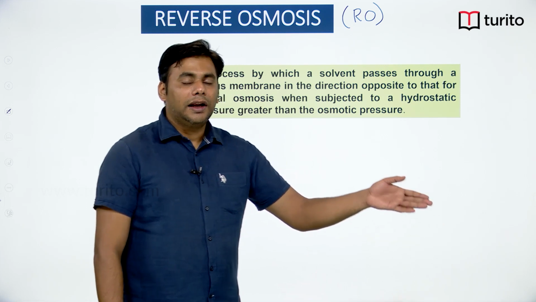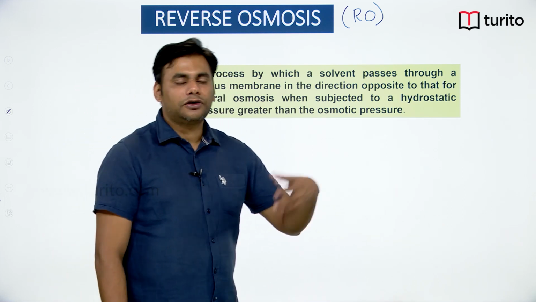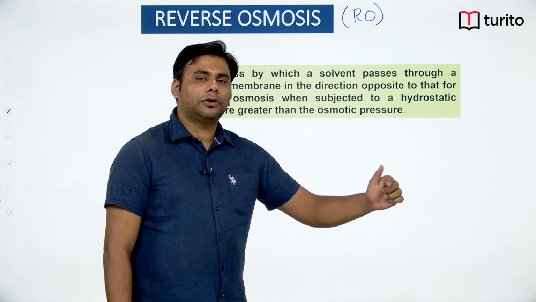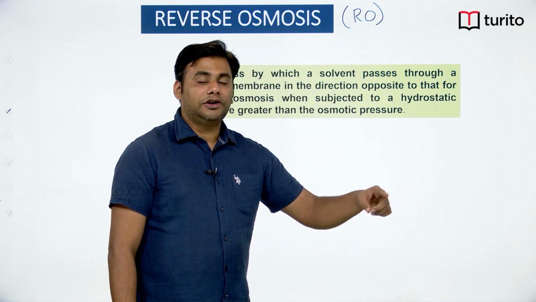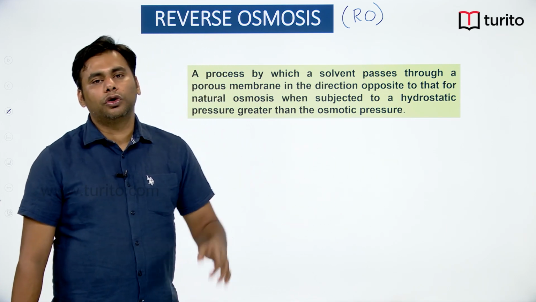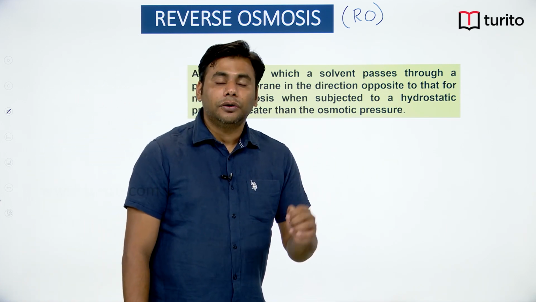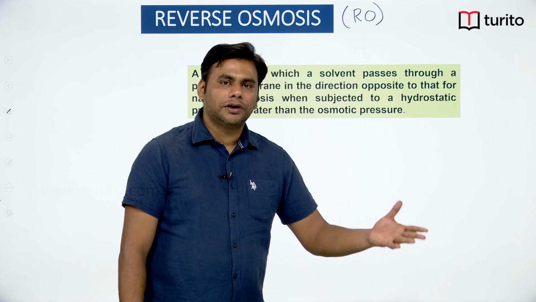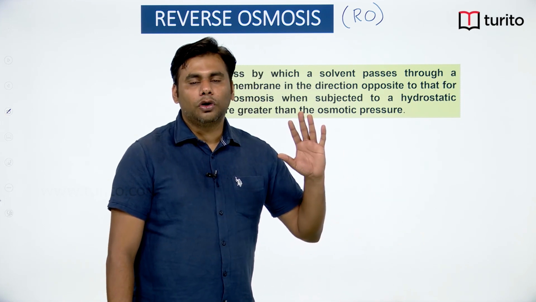In reverse osmosis, just the opposite of this would happen. That is, solvent would move from a region of less solvent concentration to a region of more solvent concentration. So that is your reverse osmosis, like opposite of the normal osmosis.